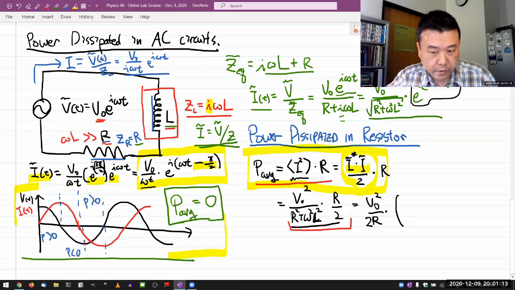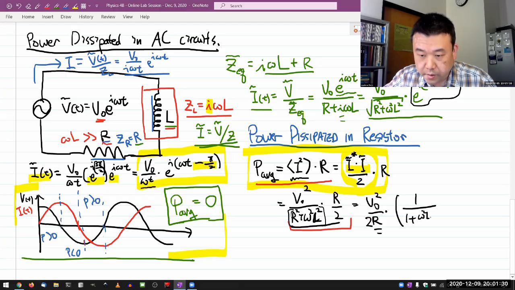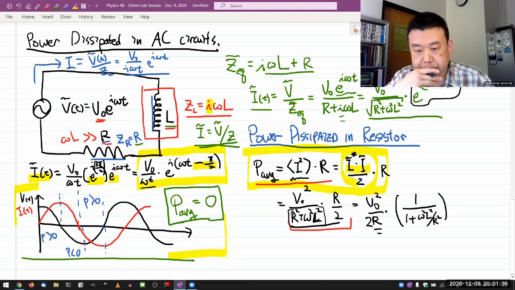So 1 over R squared cancels out one factor of R and leaves a factor of R here. That's what I have there. And multiplying the denominator here by 1 over R squared will give me 1 over 1 plus omega squared L squared over R squared.